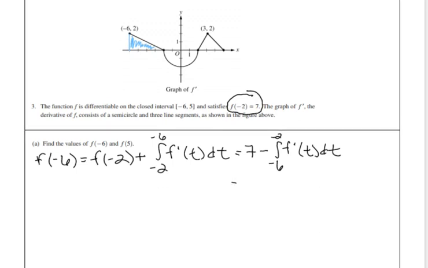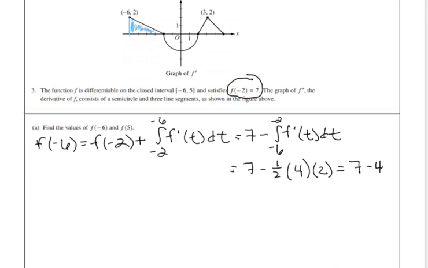So let's see, that's going to be 7 minus 1/2. The base is 4 and the height is 2. So 7 minus 4. So we get that f of -6 is equal to 3. So that's our first answer there.